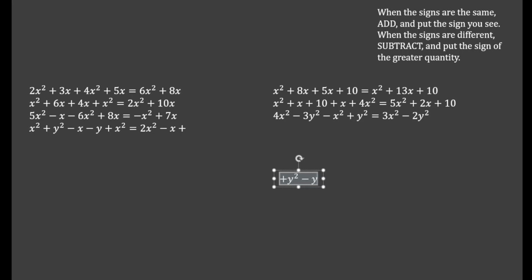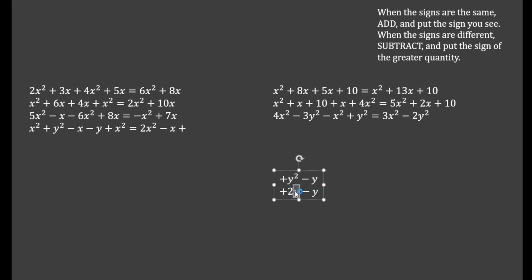But here's what you are thinking: you are thinking it's the same as plus 2y minus y. That would give you y because it is 2y minus y. But you can't subtract y from y squared. This is not the same term.